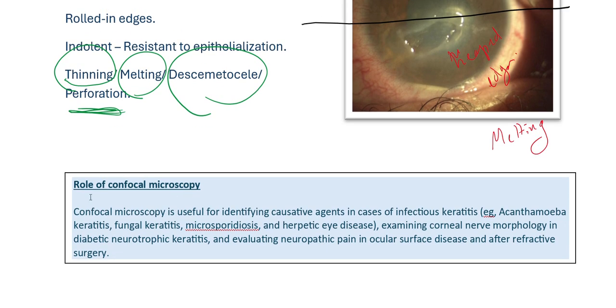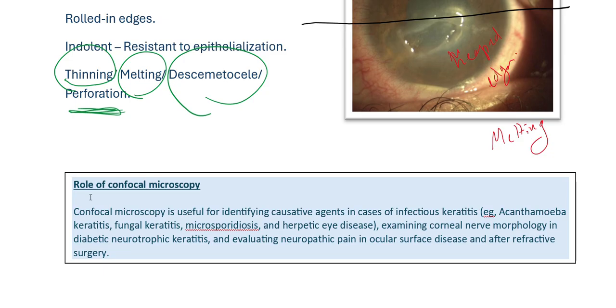So, role of confocal microscopy. In the ophthalmology investigation, we'll come back to the confocal microscopy, but I would let you know for your exam that this can be mentioned as a high-yield topic in examining a patient with neurotrophic keratopathy. Confocal microscopy can take photos of every single layer of the cornea and can show the arborization of the corneal nerves.